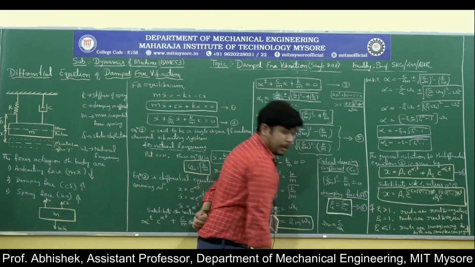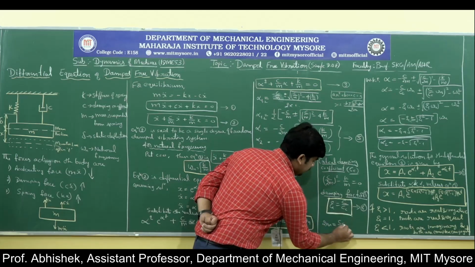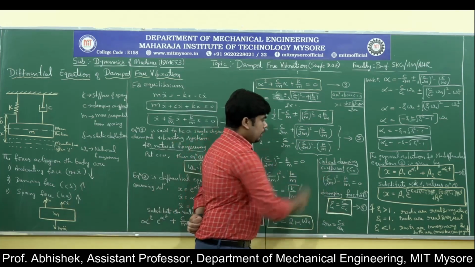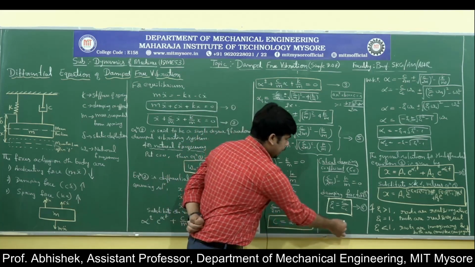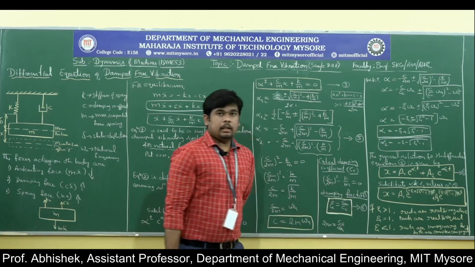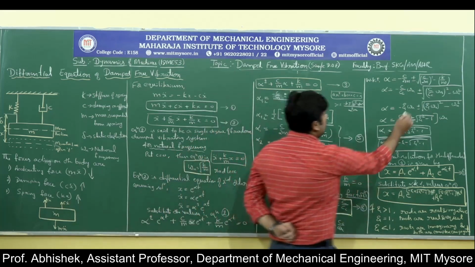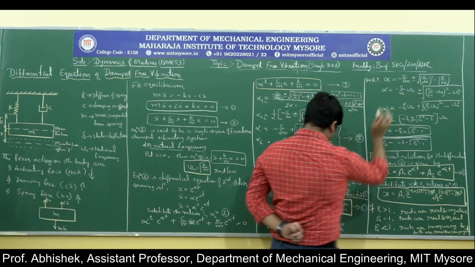For the critical damping coefficient, 2m will become cc by omega n, where cc is the critical damping coefficient. So in place of 1 by 2m, I consider omega n by cc.